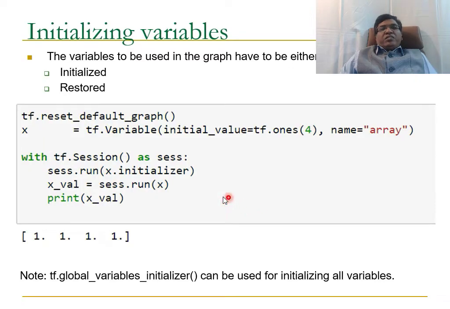Initializing variables. The variables in a graph can be loaded either by initializing or by restoring. The argument initial_value is used to provide an initial value to the variable. An optional name can also be given.